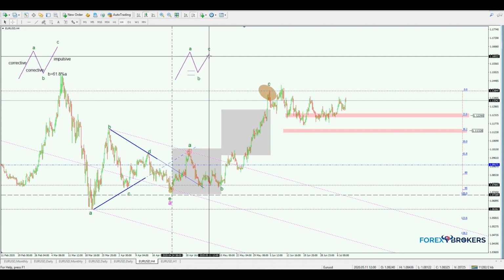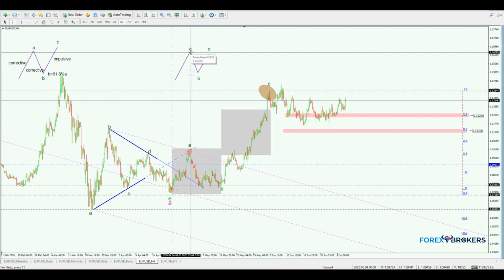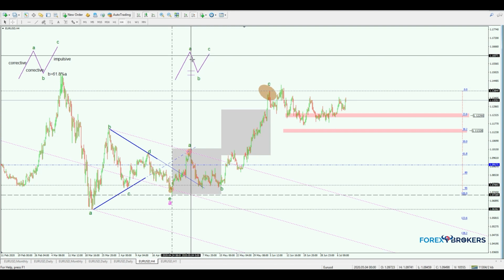Another failure is the C wave's inability to fully retrace the B wave. So 2 failures, this is called a flat with a double failure. The C wave cannot be that short, so expect it to retrace 61.8 at least when compared with wave A. So the flat with a double failure is the first type of flat in this category.